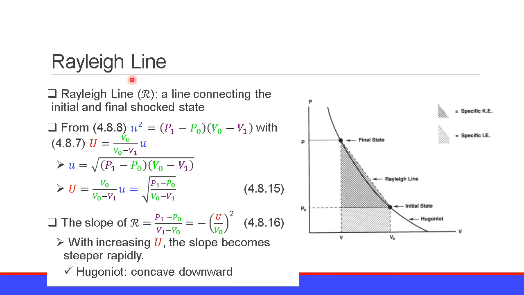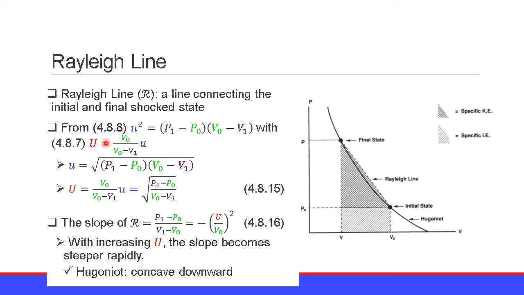Let me discuss the Rayleigh line. The Rayleigh line is a line connecting the initial and final shocked states. From equation 4.8.8, the particle velocity squared is equal to p1 minus p0 times v0 minus v1.